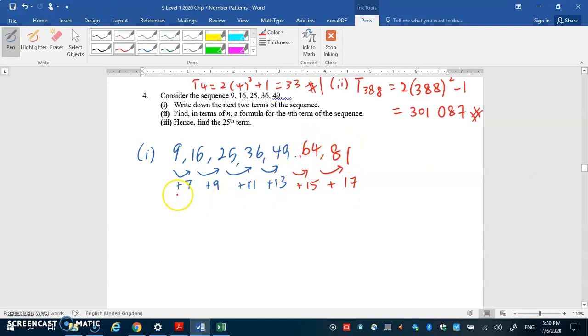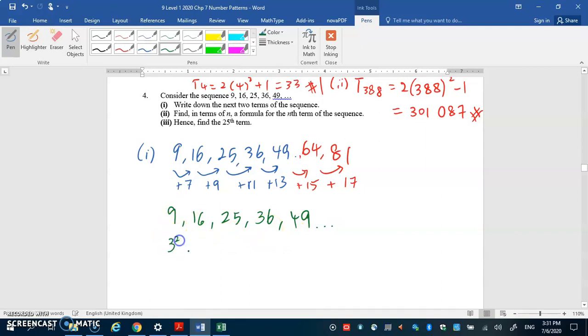Okay? Now this is one method where you have a plus 7, plus 9, plus 11 and so on. Another method is if people can immediately observe that all these are actually square numbers. Can you see that? 9, 16, 25, 36 and 49, all these are perfect squares. How did I get 9?